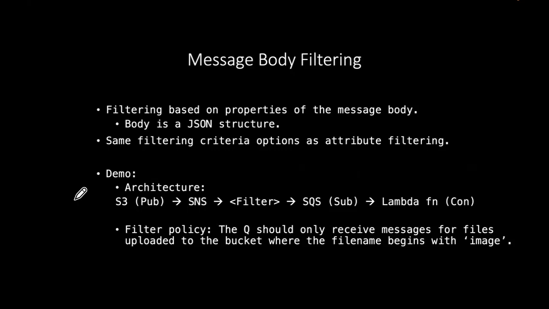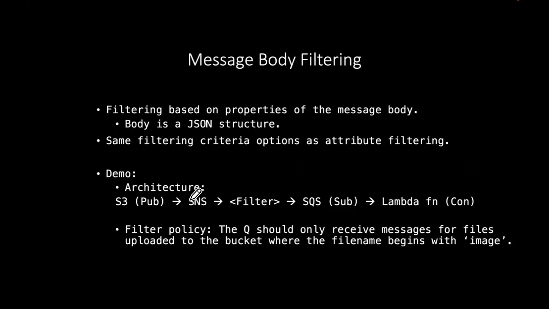It's uploading images to our S3 bucket. The S3 service is publishing messages to an SNS topic, essentially saying there has been a state change in the S3 bucket, as in a new image has been uploaded or something has been modified.